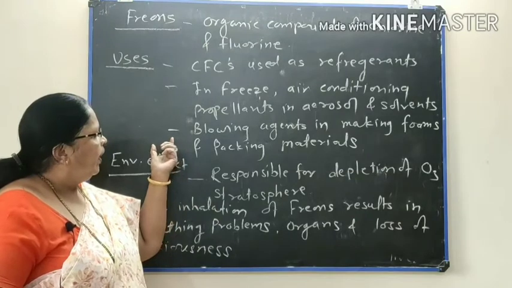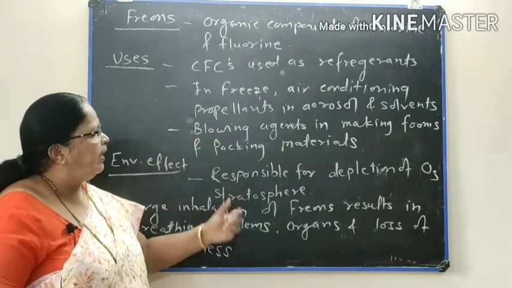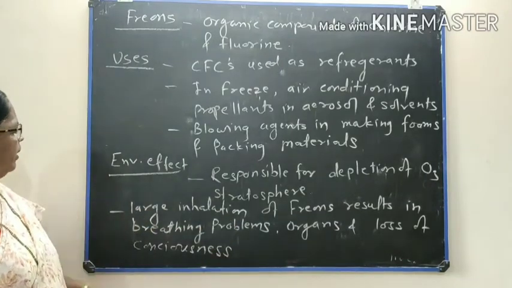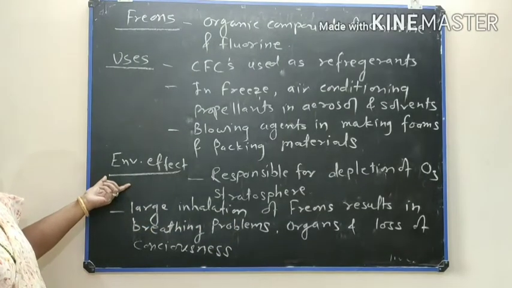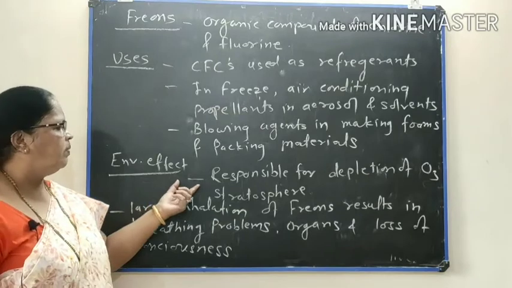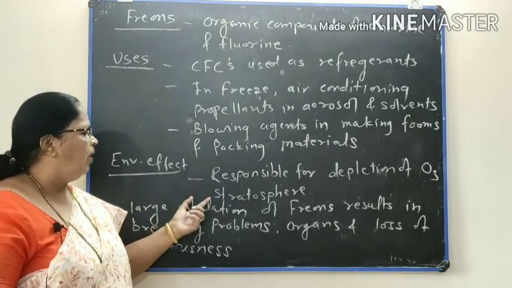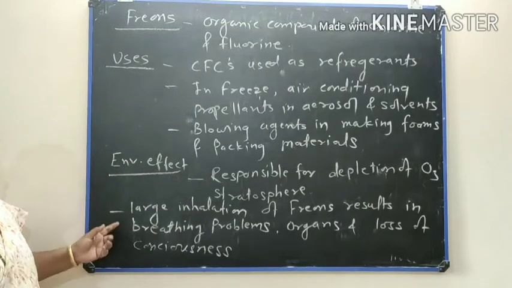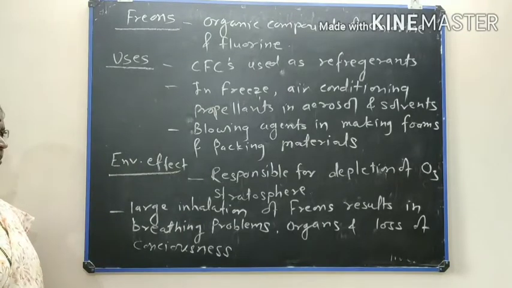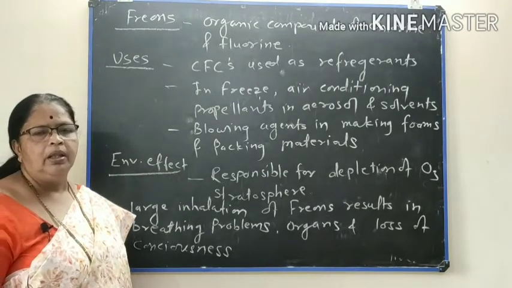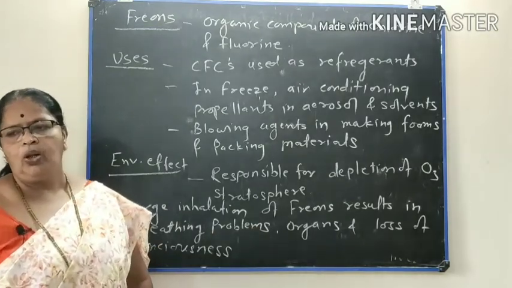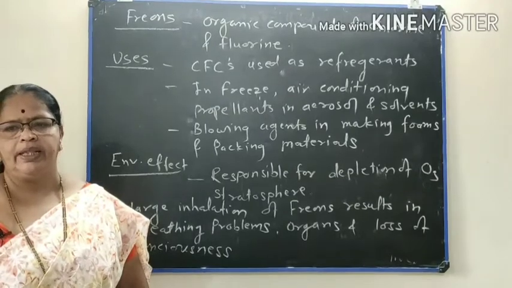Freon is also used as a blowing agent in making foams and packing materials. There are certain environmental effects. First one, responsible for the depletion of ozone in the stratosphere. Large inhalation of freon results in breathing problems, then damages different organs, and lastly, loss of consciousness.